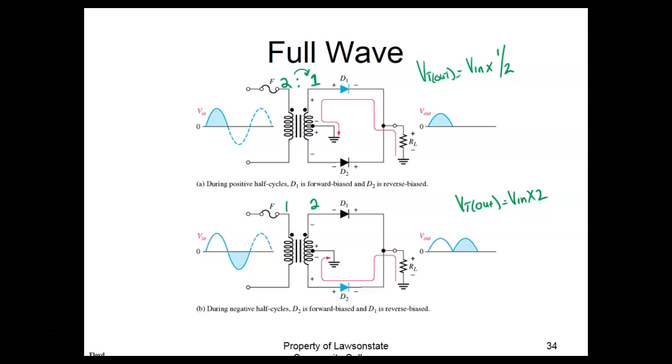Now, normally they don't give you the turns ratio on transformers. What they usually give you is the output voltage and the input voltage. If they give you the output voltage over the input voltage, then that's the way you would calculate the ratio: V out over V in, and that would give you the ratio. If it comes up and gives you a fraction, you know it's a step down transformer.